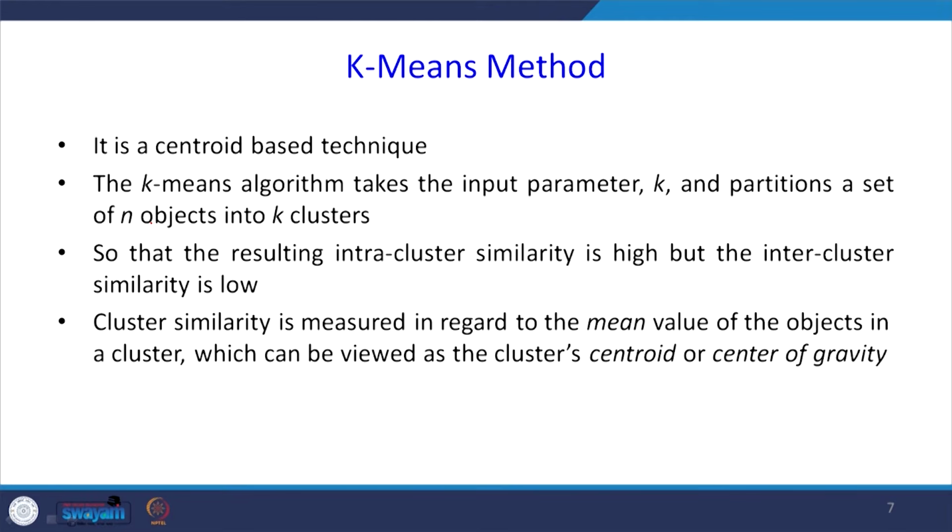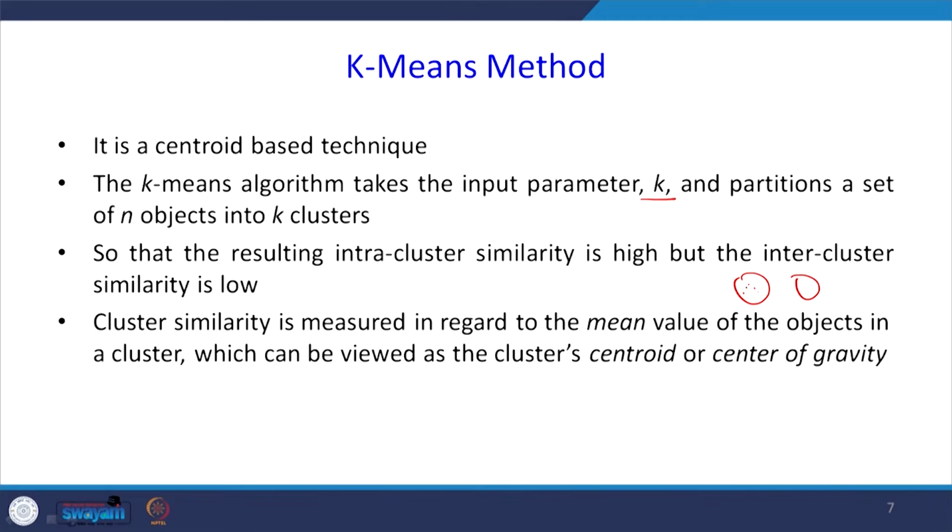The k-means algorithm takes the input parameter k and partitions a set of n objects into k clusters, so that the resulting intra-cluster similarity is high but inter-cluster similarity is low. Suppose there are cluster 1 and cluster 2.